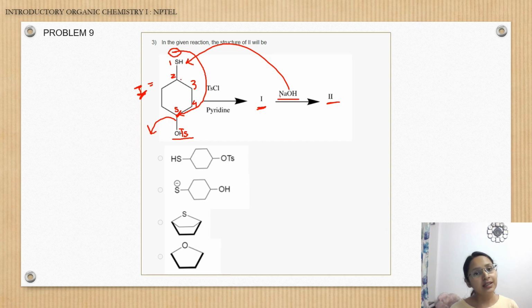So the angle is getting deflected. So whenever there is a possibility of forming a five or six-membered ring, it is the five-membered ring which is favorable. Because here also you have a tendency of formation of the five-membered ring, that is why this carbon will go here and this leaving group leaves out to give you the product.